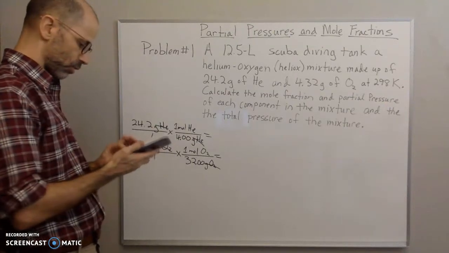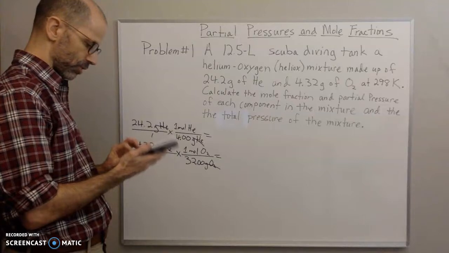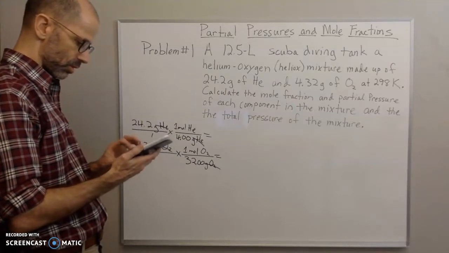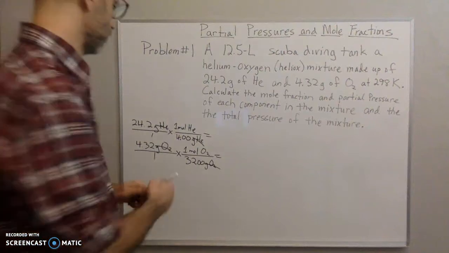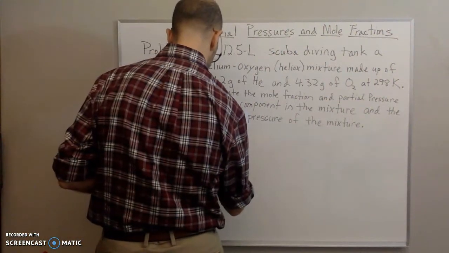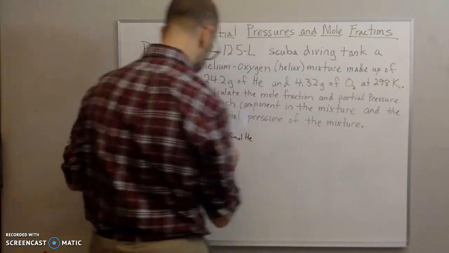So we're going to calculate the mole amounts. That's going to be 24.2 divided by 4.00, and that gives us 6.05 moles of helium.